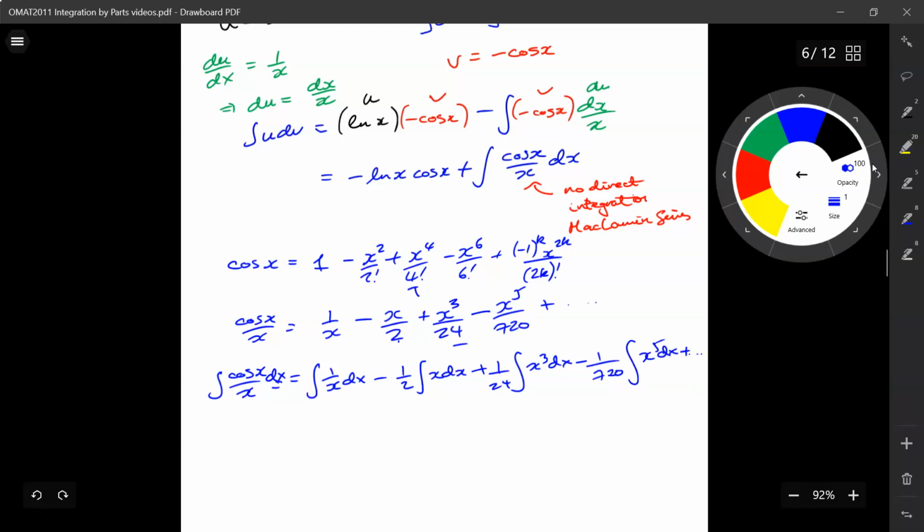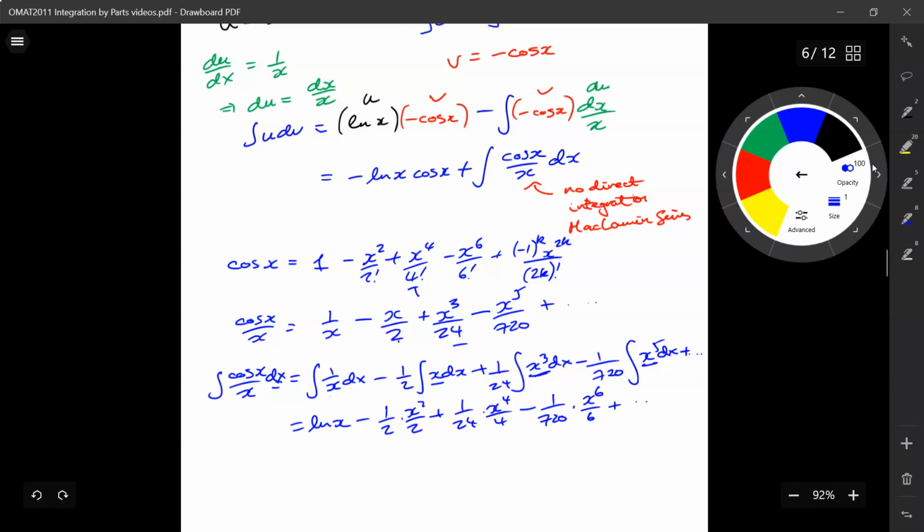I'll just use that many terms. So the integral of 1 over x, of course, is the log of x. Minus a half times the integral of x is x squared over 2. 1 over 24. The integral of x cubed is x to the 4 over 4. Minus 1 over 720 times x to the 5 is x to the 6 divided by 6.